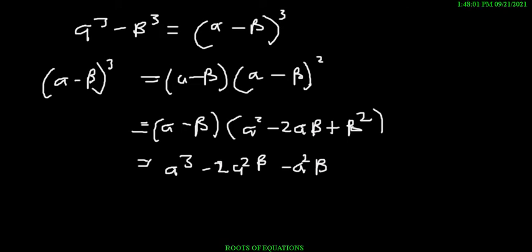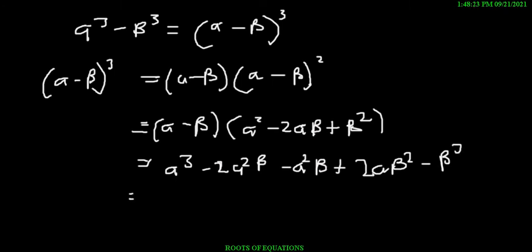Then alpha times beta squared gives alpha beta squared, and negative times negative becomes positive, so positive 2 alpha beta squared, and negative beta times positive beta squared is negative beta cubed.